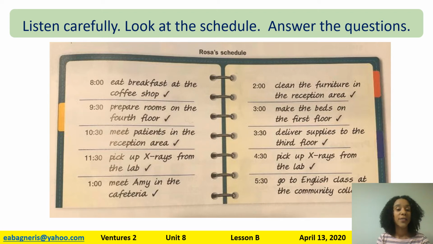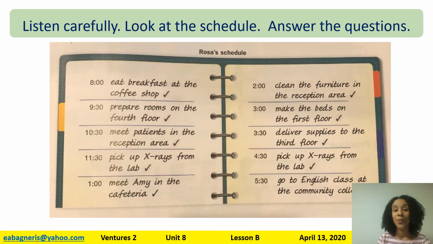Where did Rosa go at 1 o'clock? So now you say it. Where did Rosa go at 1 o'clock? And the answer? She went to the cafeteria.